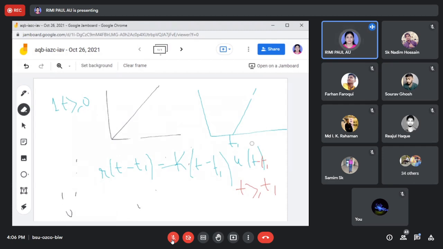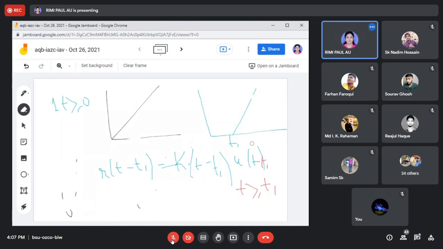Whenever I shift any signal and this signal is multiplied with the step signal, then both this signal as well as the step signal will be shifted. And the next question is why I multiply the step signal? Because we know that the step signal always gives us a t greater than or equal to 0 value. Whatever the signal, it will be multiplied with the unit step function.